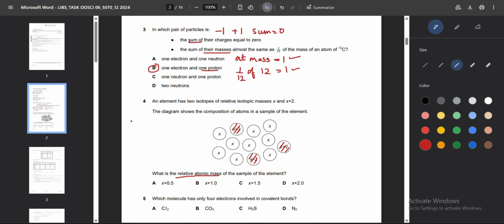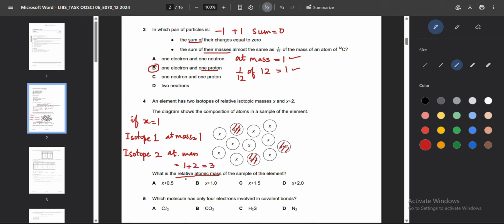Alright, for example, if X is equal to 1, that means that isotope number 1 has an atomic mass of 1, and for the next isotope number 2, the atomic mass would be X plus 2, it means 1 plus 2, it makes 3.